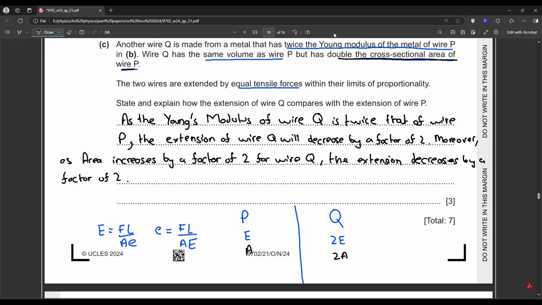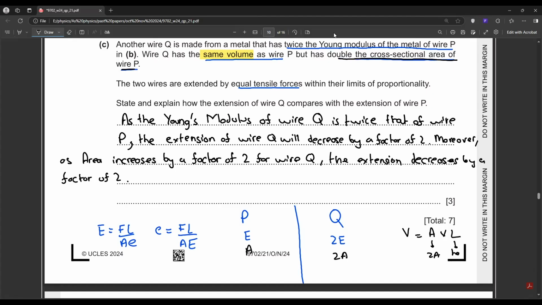Last thing. Can you examine this word? Same volume. Wire Q has the same volume. Now, how do we calculate the volume of any object? Volume is equal to area into length. Perfect. Now, if the area of Q is getting doubled, what will happen to the length?